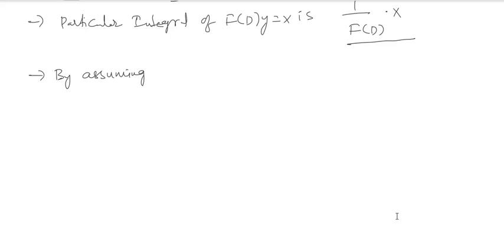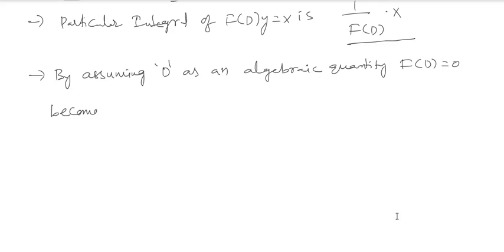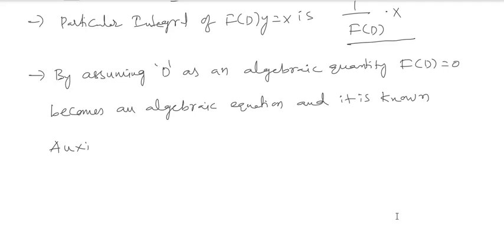Make a point: by assuming D as an algebraic quantity, f of D equal to 0 becomes an algebraic equation, and it is known as the auxiliary equation of the given differential equation, right?